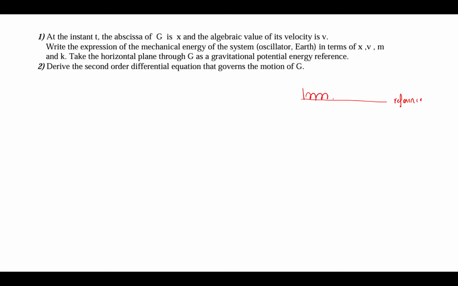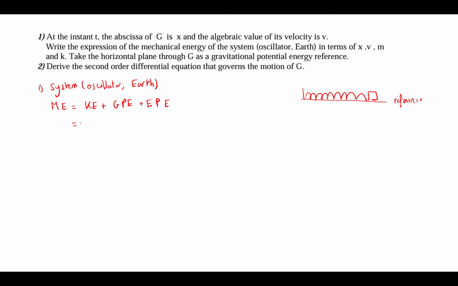So in order to write now the mechanical energy, we know that the system is the oscillator and Earth. So the mechanical energy of the system is equal to the kinetic energy plus the gravitational potential energy and the elastic potential energy.